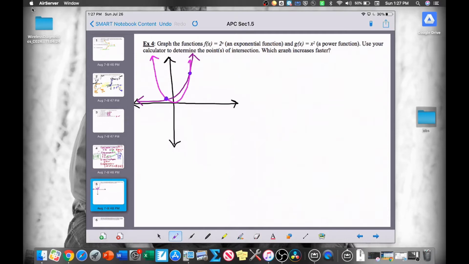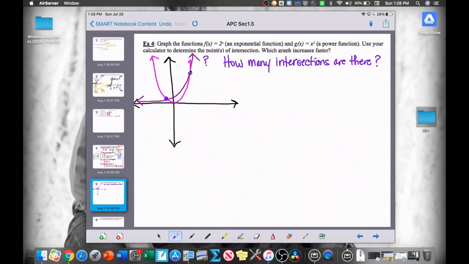And the calculator, again, will help me with this. But then the question is, how many intersections are there? And that is going to help us answer the final question, which is which graph increases faster. Because if you look at the picture that I drew, you can kind of see where I guess we'll call it the pink curve, right now is lying on the inside of the exponential curve, right?